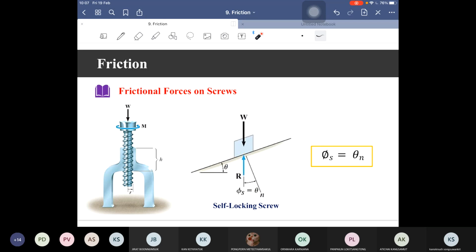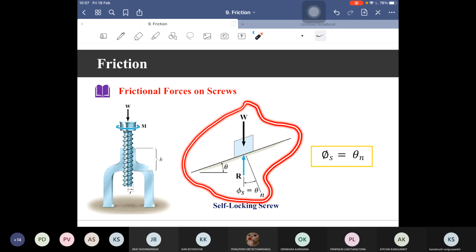Sometimes the screw can lock by itself. We call that the self-locking screw. So we don't have to exert any force because it can lock or balance itself. So for this self-locking screw, we can draw the free body diagram as in this figure.